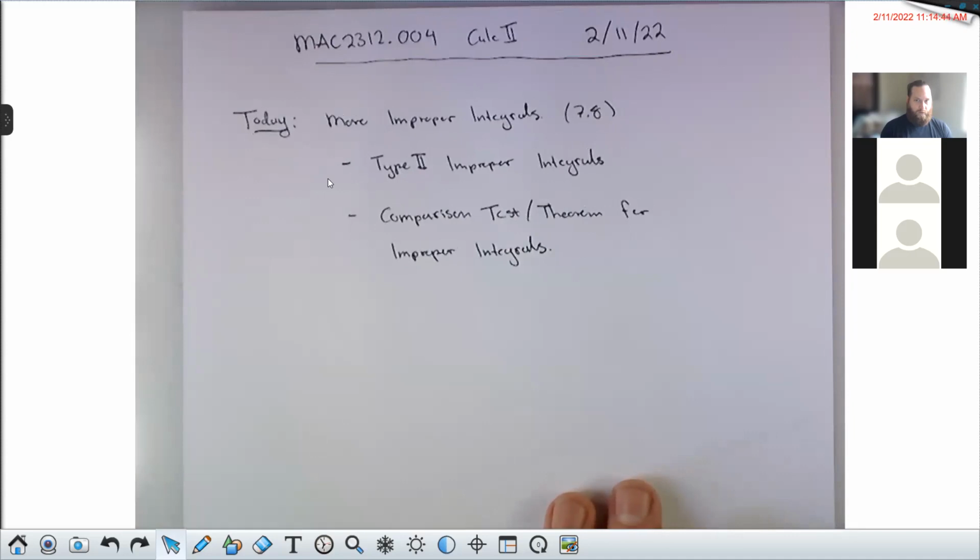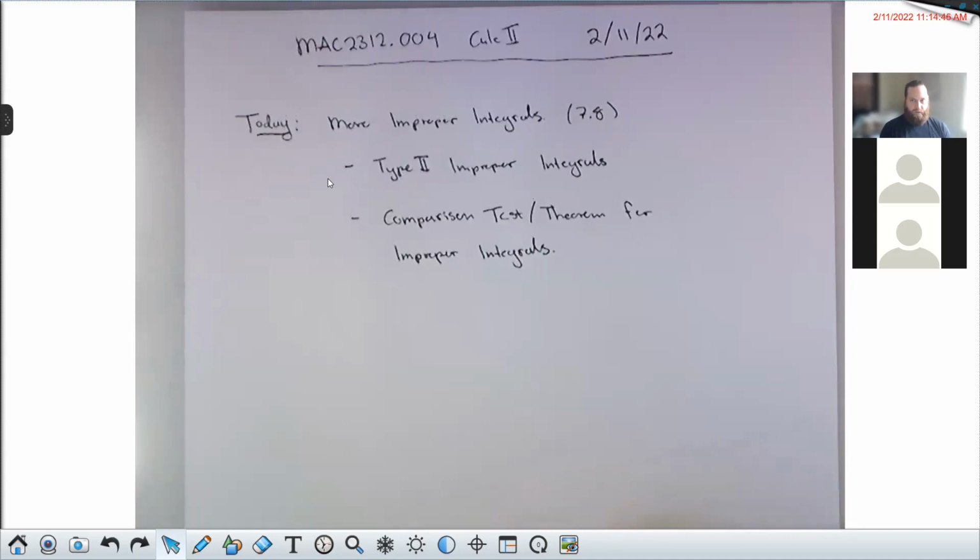You'll notice that there's a switch from writing lots and lots of math symbols to writing complete sentences and working with inequalities. That's because for a lot of these convergence objects, we can't actually evaluate them. For many improper integrals, coming up with the exact answer is incredibly hard.